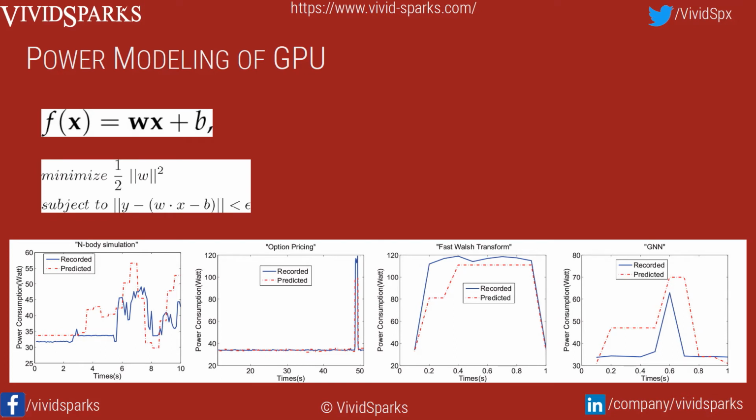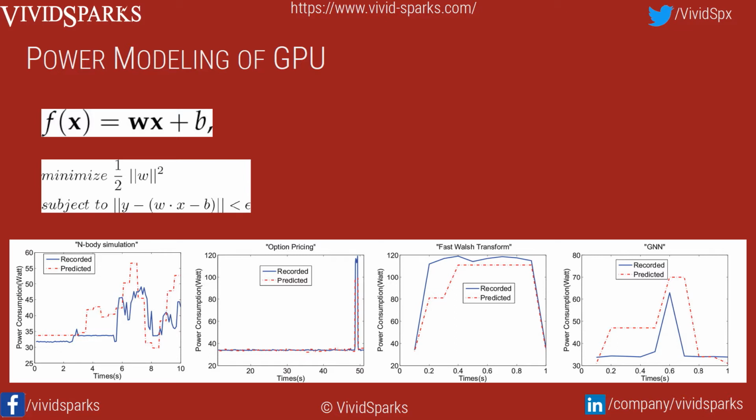The power modeling is based on the support vector regression model. In this support vector regression model, the hyperplane is defined by a normal vector W and bias B, which defines the distance between samples and the hyperplane.